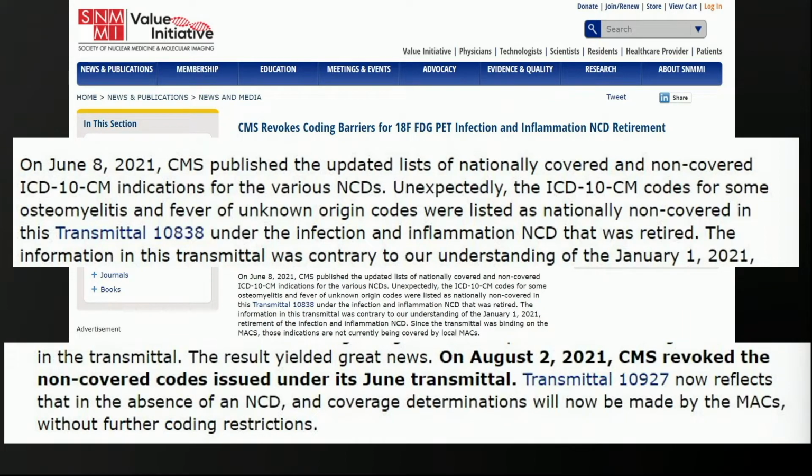However, having said that, we still have pushback from our local MACs sometimes on the indications. We've done about 10 outpatient scans for aortitis and other infection and inflammation imaging, but we really should be doing a lot more.